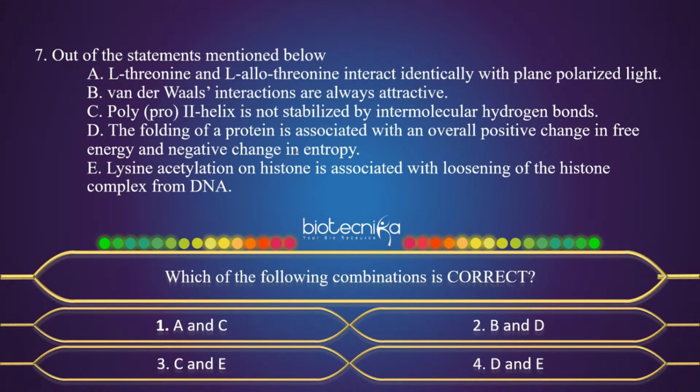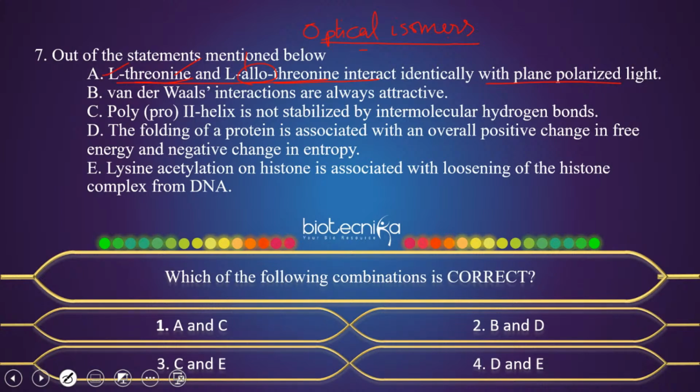So let's understand L-threonine and L-allothreonine. They interact identically with plane polarized light. First of all, what are these? These are optical isomers, but they are not enantiomers. It means these are not mirror images of each other. That is why it is L-threonine and L-allothreonine.